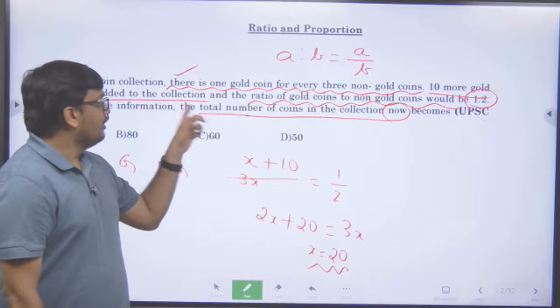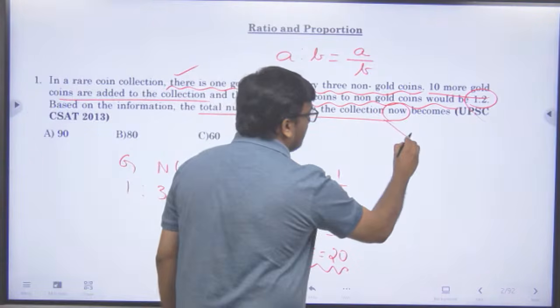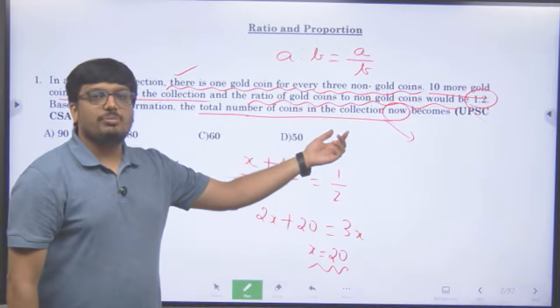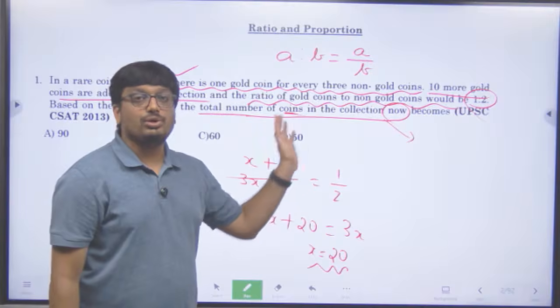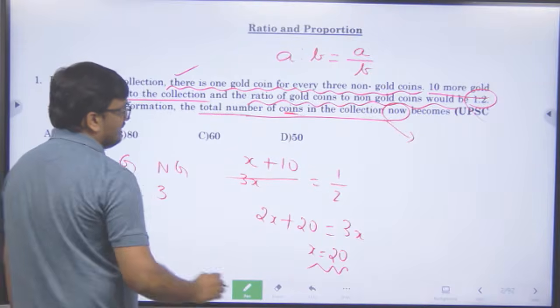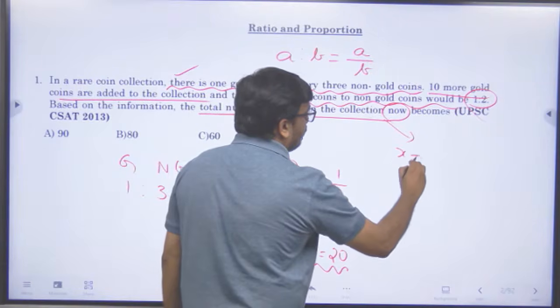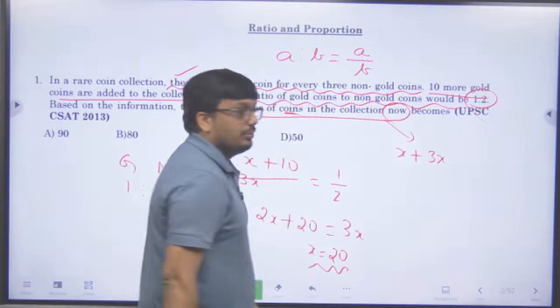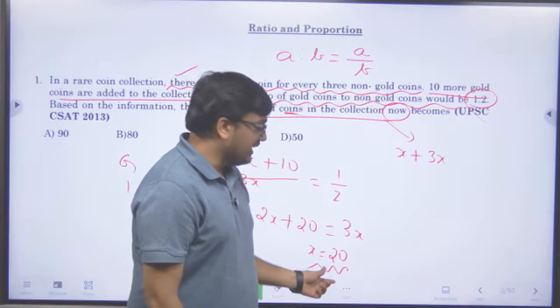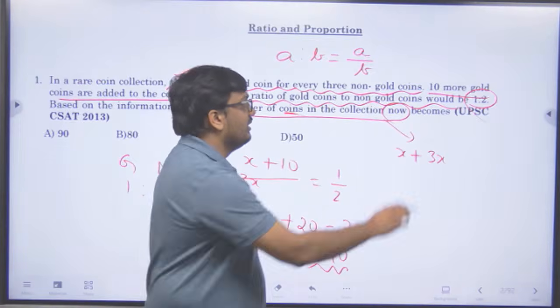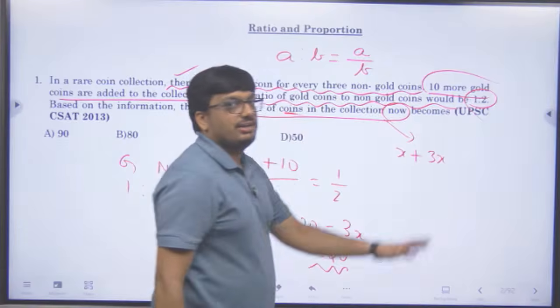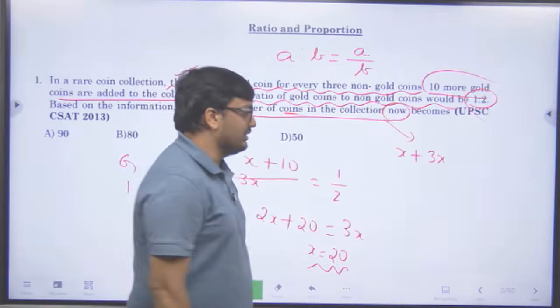Then they're asking to find the total number of coins in the collection now. Total number of coins means it may be gold coins or non-gold coins; both you should add. Gold coins is X, non-gold coins is 3X. X plus 3X, 4X, X is 20. 4 into 20, 80. 80 is not the correct answer because later they will add 10 more gold coins to the collection.